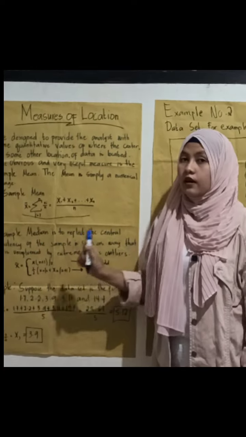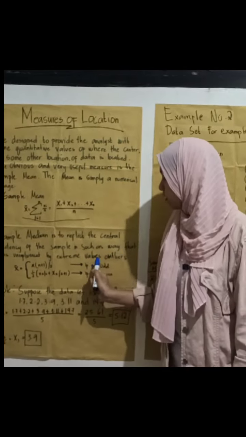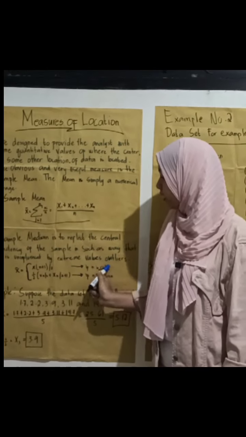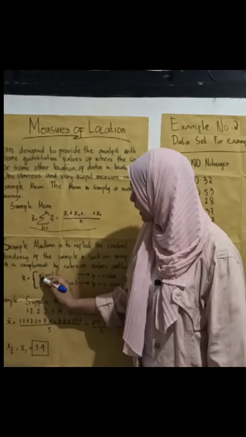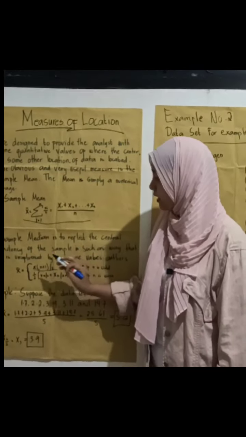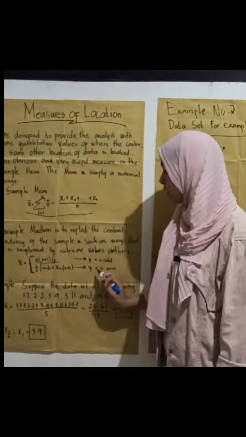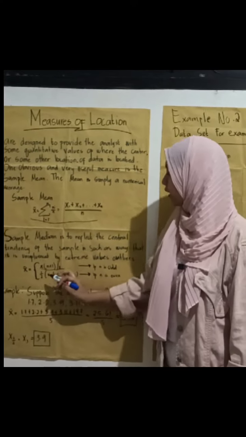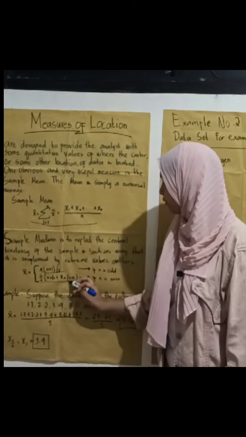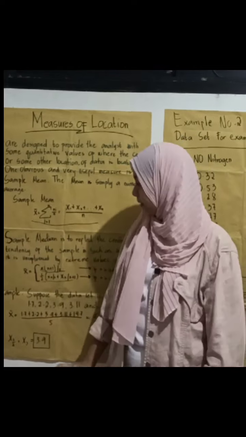If our n is an odd number, this is what we need to use in getting the sample median. And if n is even, this is the formula we need in getting the sample median.